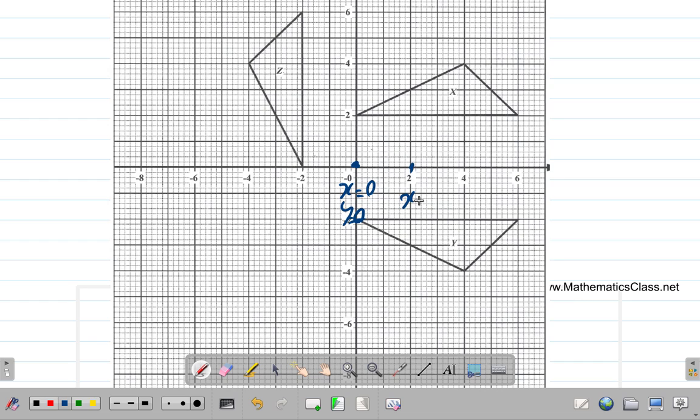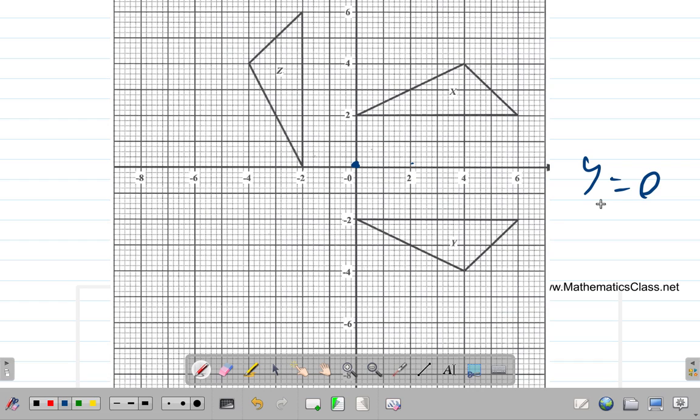Right here, x is 2, y is what? 0. Right here, x is 4, y is 0. So every point on the x-axis, y is 0. So the equation of the mirror line is y equals 0. Y equals 0 is the equation of the x-axis.